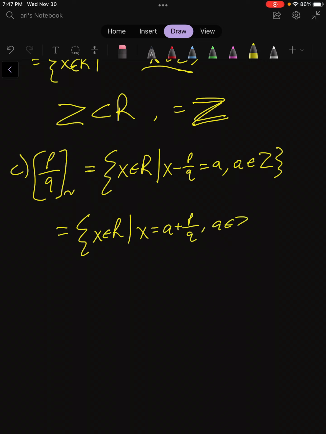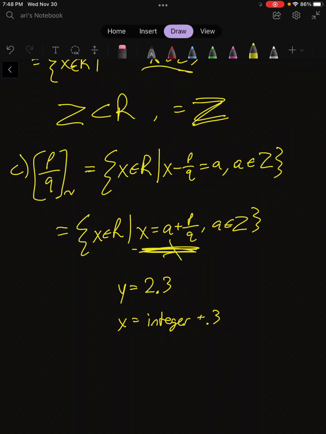And this is actually really similar to something that I mentioned in passing at the beginning, that if y equals something like 2.3, x equals integer plus 0.3. That's basically what this is telling us right here. We're saying that a is an integer, that's our integer, and that is our ugly remainder, like our 0.3.